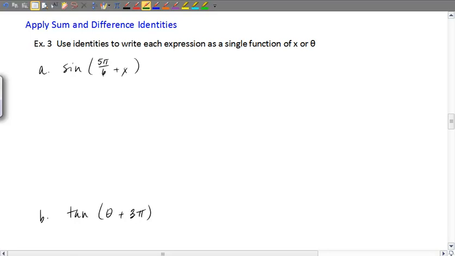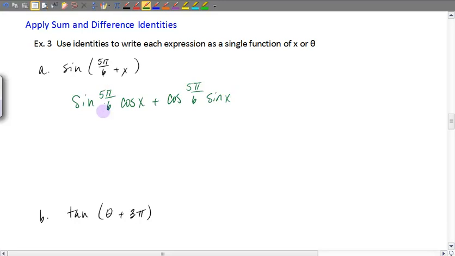So I can rewrite this example right here, using the sum identity for sine, so it's going to look like the sine of the first, which is 5 pi over 6, times the cosine of the second, plus the cosine of the first, times the sine of the second.